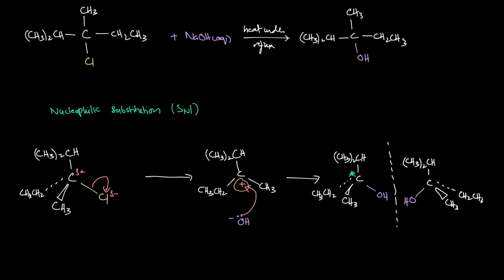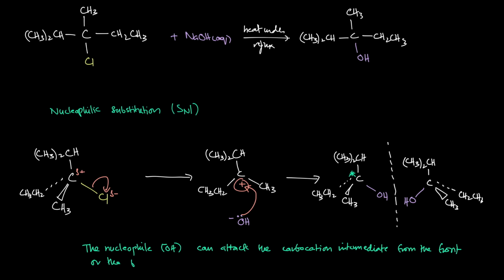The reason is that the nucleophile, in this case the hydroxide ion, can attack the carbocation intermediate, in other words bond to it, from the front or the back, resulting in a mixture of optical isomers.